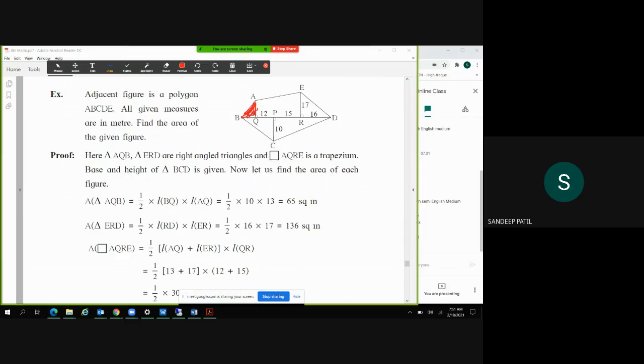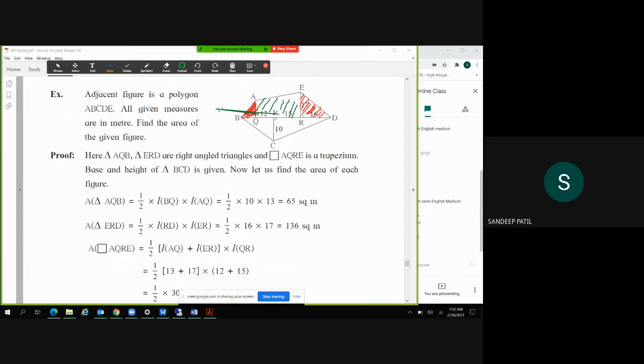Then ERD, ERD is another triangle. And then AQRE is another quadrilateral, right?